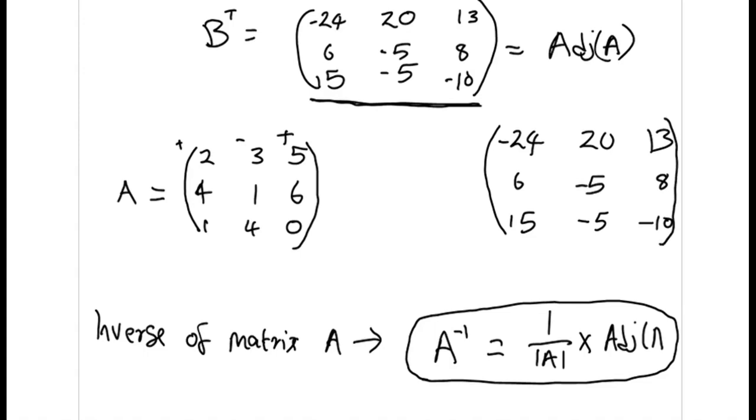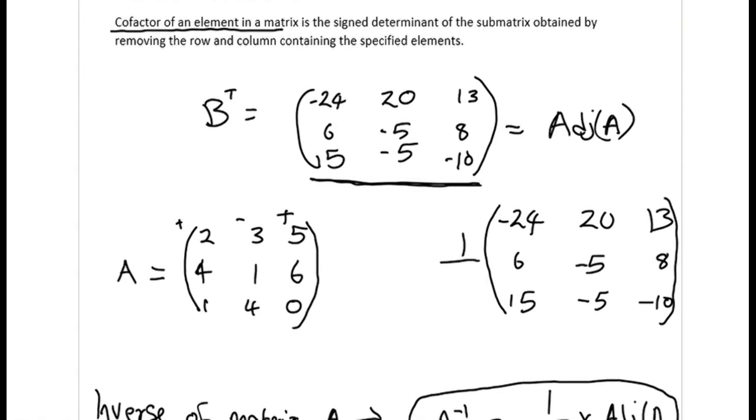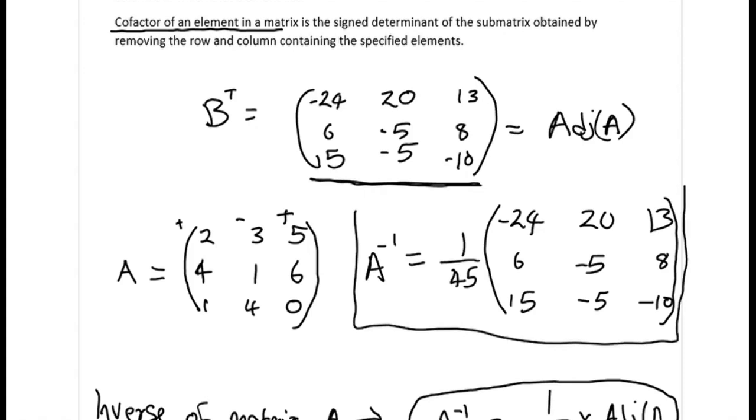This is equal to my adjoint of A, and I'm going to put in my determinant, which is 45. I've already wiped that up, but my determinant of A is 45. So this is the inverse of A. So this is how we can calculate the inverse of a matrix.